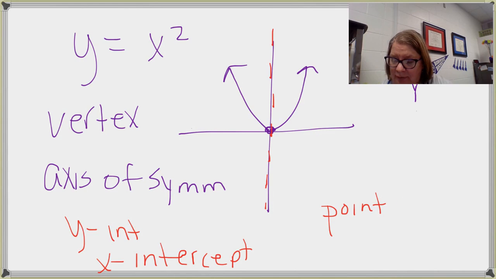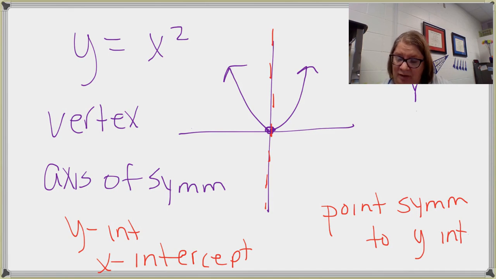Let me erase that part. If I have a parabola here, like this, our axis of symmetry is going to go right down the middle.